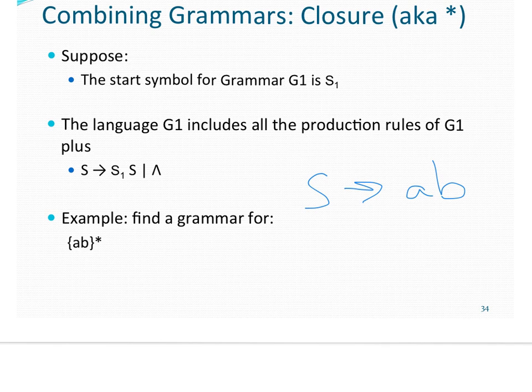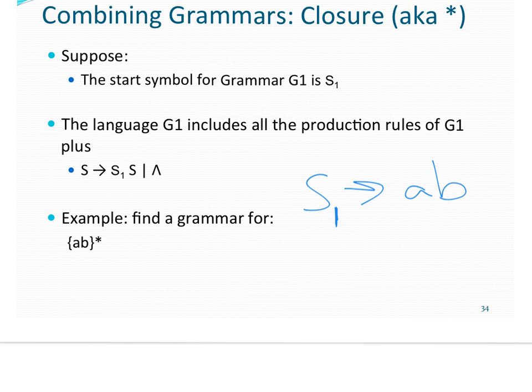And this says, if you start with S1, and you already have a grammar for the thing that goes inside of the closure, for example here AB that starts with S1, then to turn that into a grammar for the language AB star, all you do is this trick.